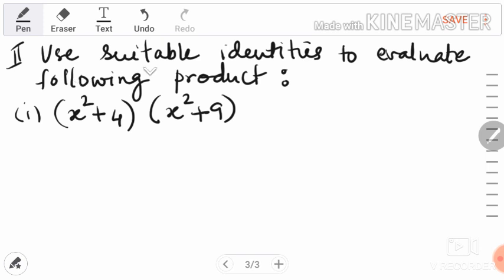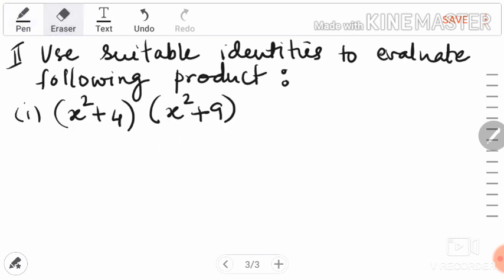Question 2. Use suitable identities to evaluate the following product. First, identify which identity will be applicable here. The first term in both the brackets is the same and the second terms are different.